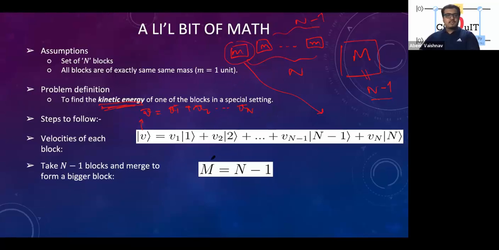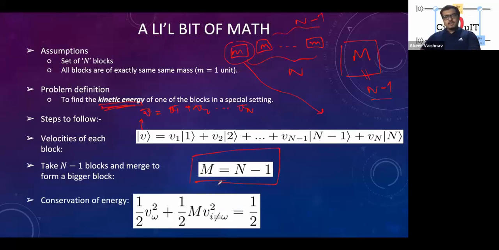And the next thing is, of course, this: M equal to n minus 1. We take all the n minus 1 blocks for which we don't want to find the kinetic energy and form a bigger mass, capital M, with the value n minus 1.